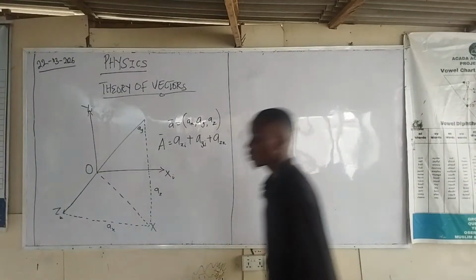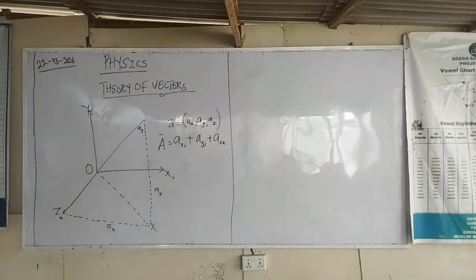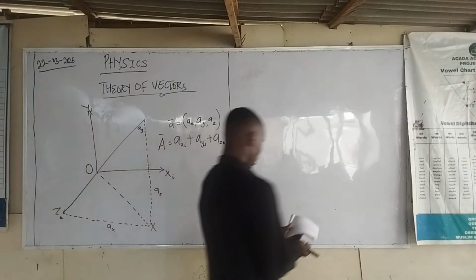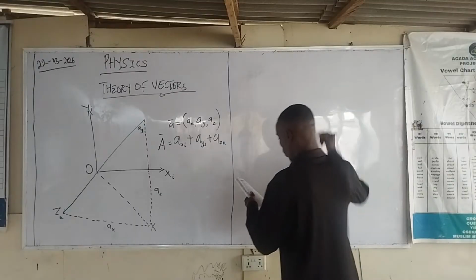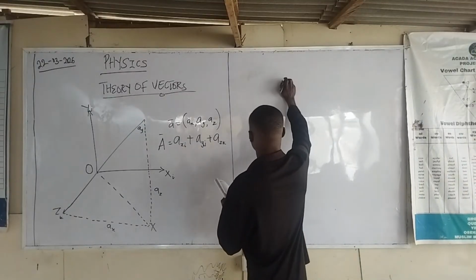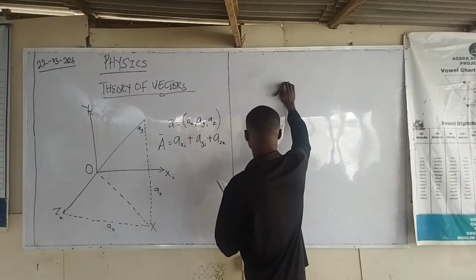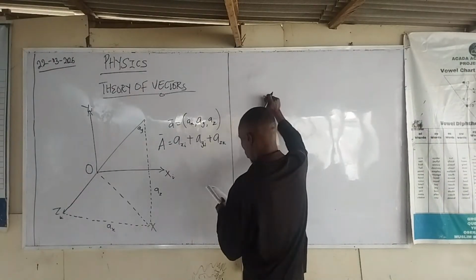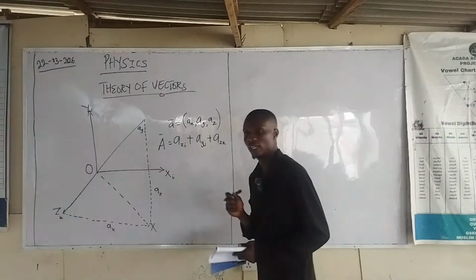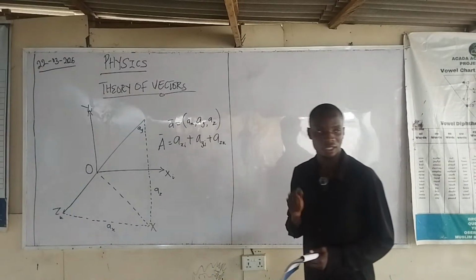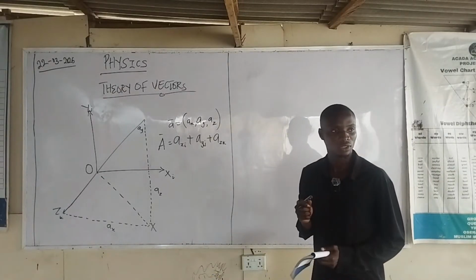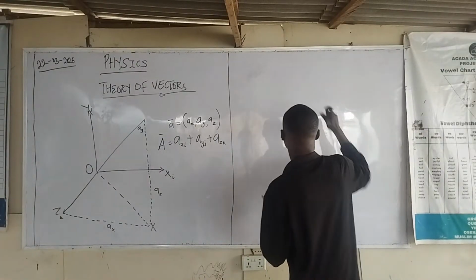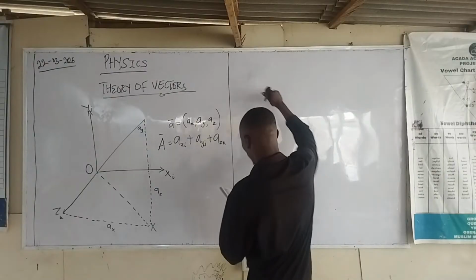So for two components, which are x and y, the resultant is usually resolved with two components. That's how many dimensions? 2 dimensional. We can use the Pythagoras formula.